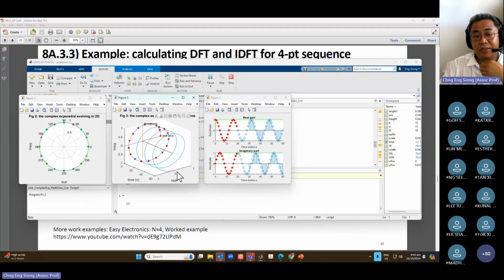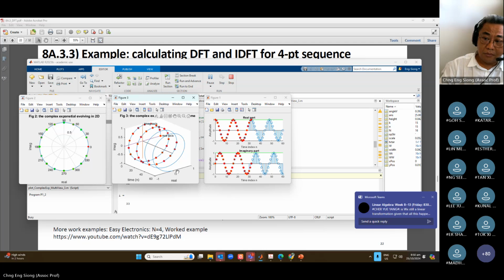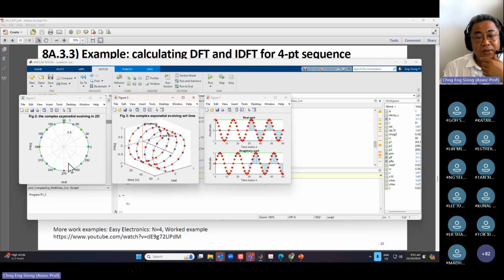So I run this first and I'll explain. We are seeing the same function in 3 different ways. In 2D, this is the real axis and this is the imaginary axis. In 3D, this is the real axis, on the top is the imaginary axis, and coming out to us is time.